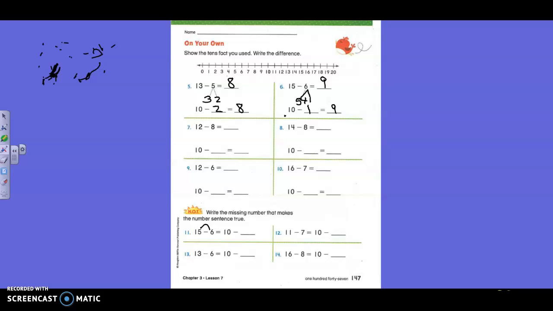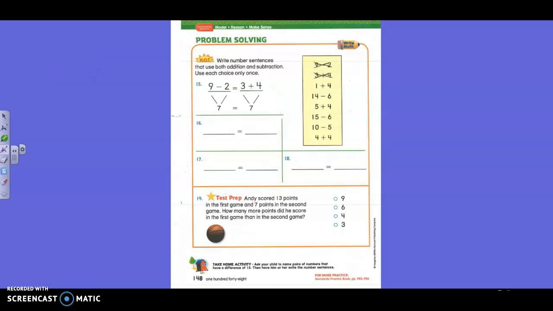Hudson. 15 minus 6 is 9. Yes, it's 9. So now, 10 minus what equals 9? We need to make this also equal 9. You guys need to find what each of these equal.